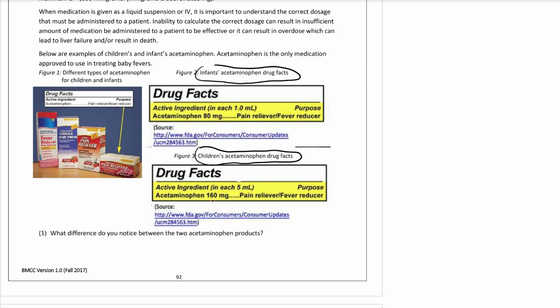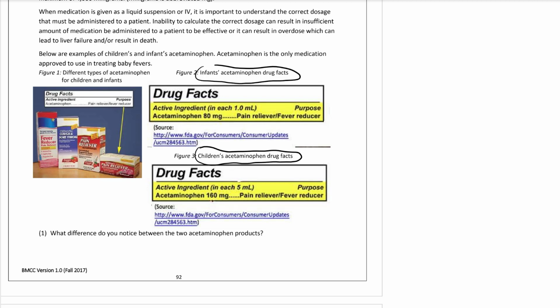Now, as of a few years ago, the infant's acetaminophen is no longer sold. So the only one that you can find is the children's acetaminophen, which does include information for infants.